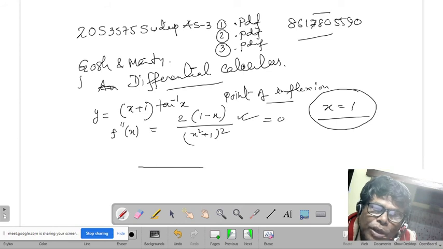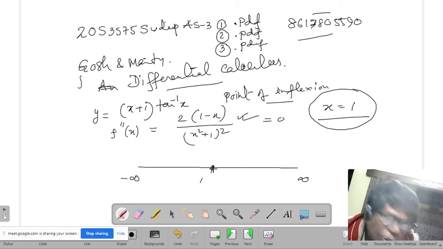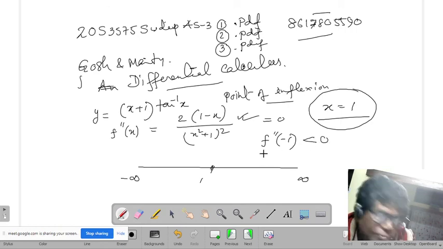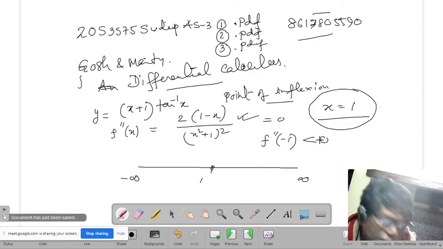So this is your number line, and 1 is here. There are two regions, minus infinity to 1 and from 1 to infinity. Put f double dash of minus 1, and this is negative.